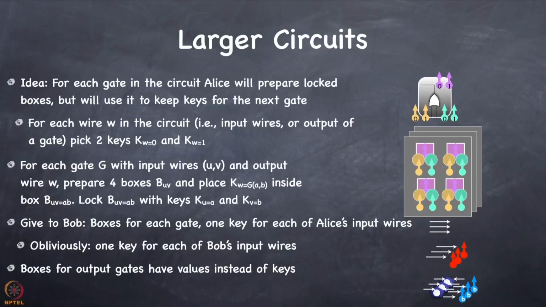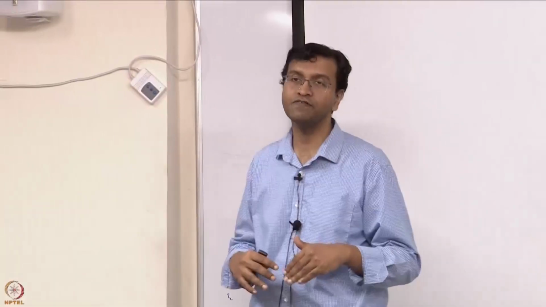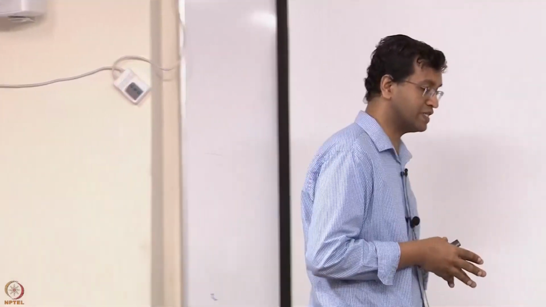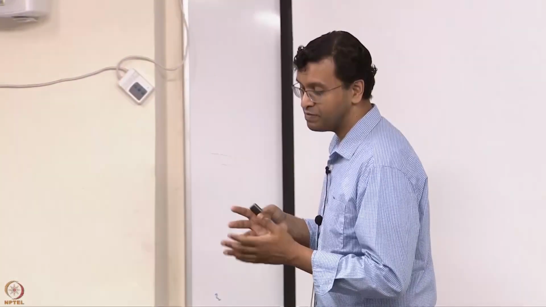And there are a lot of optimizations. Instead of having 4 boxes here, by the way, the boxes will eventually become some sort of ciphertext. And instead of having 4 ciphertexts, there are protocols which shave it down to 3 ciphertexts, 2 ciphertexts, using some clever things. For special kinds of gates, you can do special things. If you're in the random oracle model, you can get some gates for free.